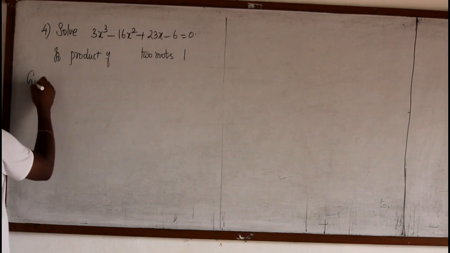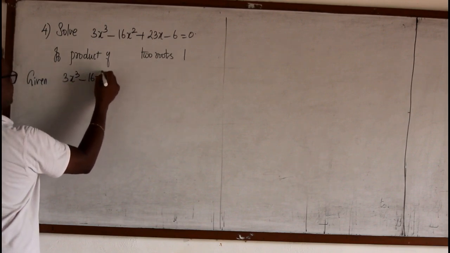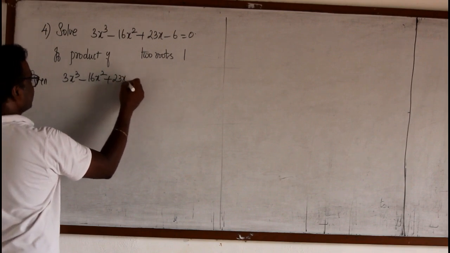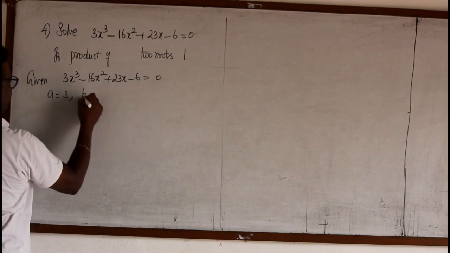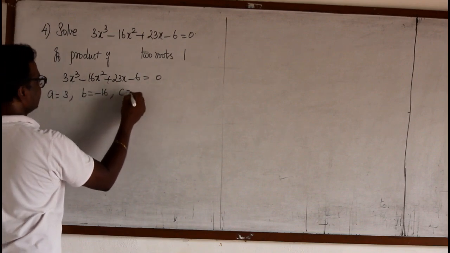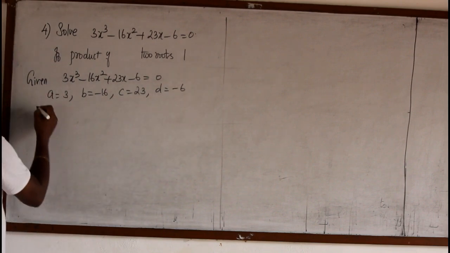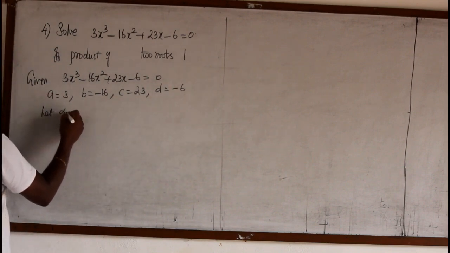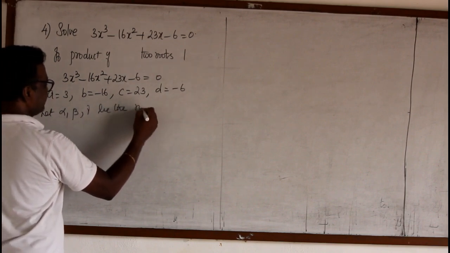So, given 3x cube minus 16x square plus 23x minus 6 equal to 0, that is a equal to 3, b equal to minus 16, c equal to 23 and d equal to minus 6. Let alpha, beta, gamma be the roots.